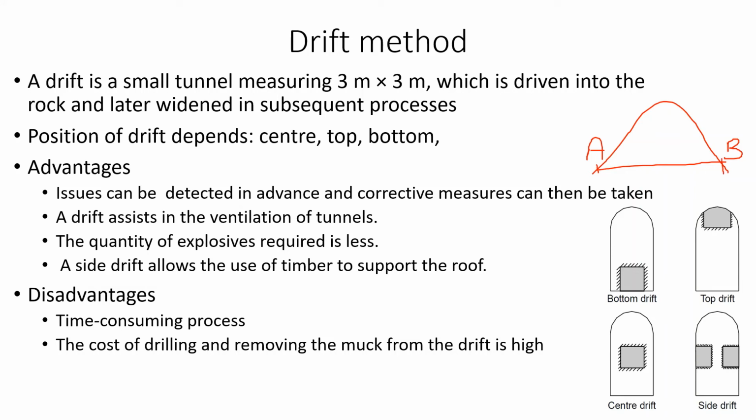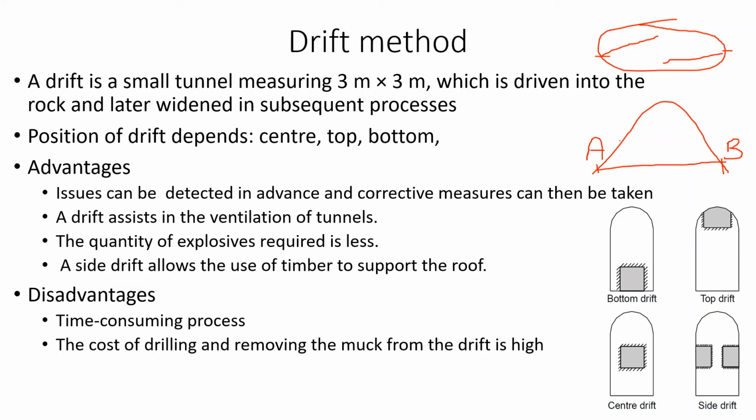If the alignment is not proper, for example, if you see this in the plan, we start from here and here, and they may go into different directions and these two ends will not meet. So in order to avoid this, the alignment should be proper.